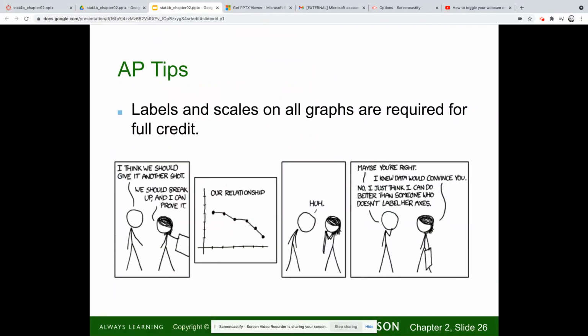For the AP exam, here's a quick tip. Labels and scales on all graphs are required for full credit. So we've mentioned this: when you go to do a constructed response question and they ask you to draw a graph, you have to label everything. If you don't label it, they dock you a point.